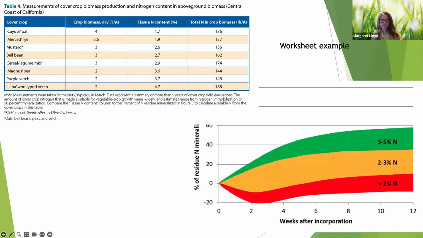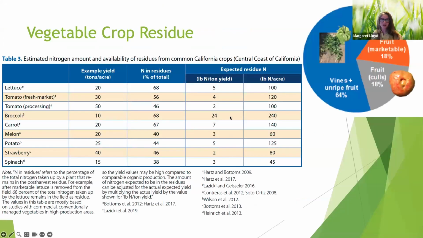We also included in the 8712 document some estimates of vegetable crop residues. So we have, again, the estimated yields that you can compare to your own yield and see if you need to adjust the residue biomass.